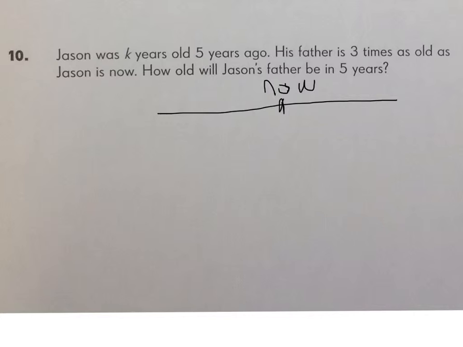Jason was K years old 5 years ago, so I'm going to say this is minus 5 years. 5 years ago, it's K. That's how old Jason was 5 years ago. And then now, Jason is K plus 5.